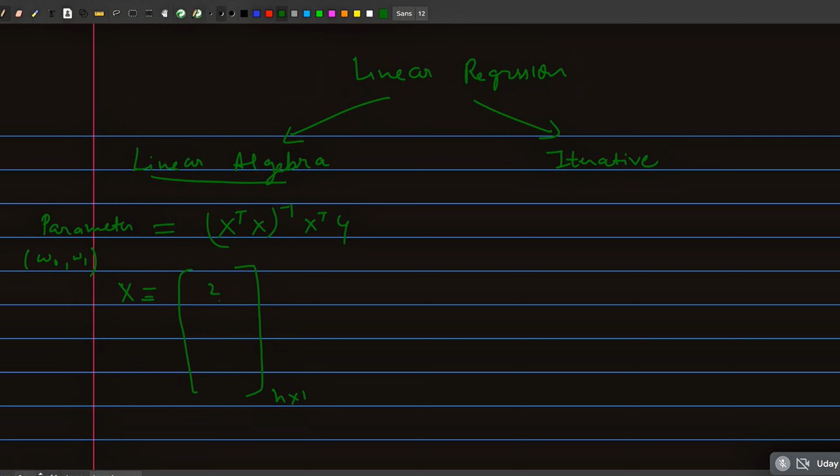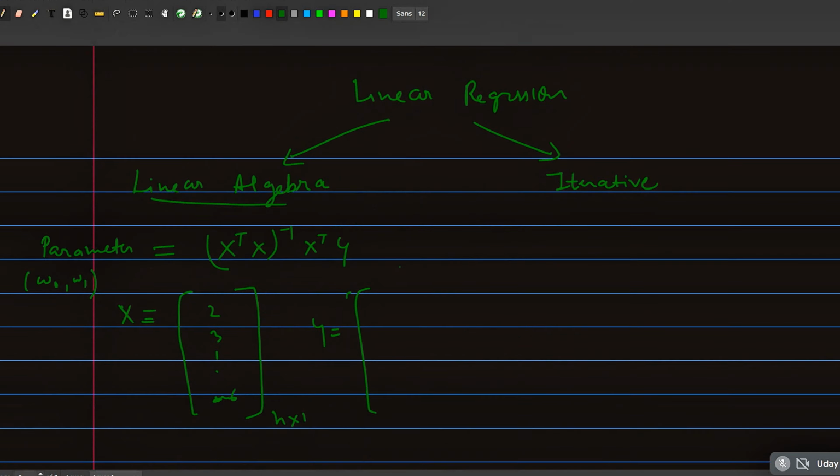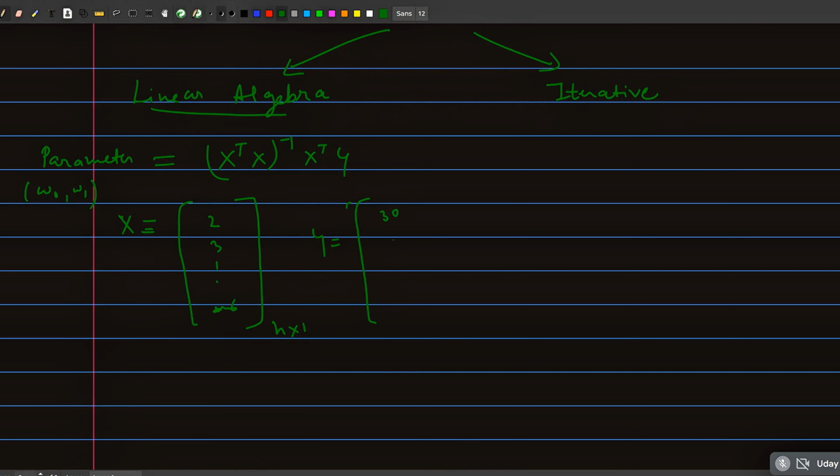Okay, so two bedrooms, three bedrooms, six bedrooms. And y is the price for that particular thing. Like this is two bedrooms, so what we took here, 30 lakh. Then for three we took 45, and similarly. So this is also an n cross one vector.